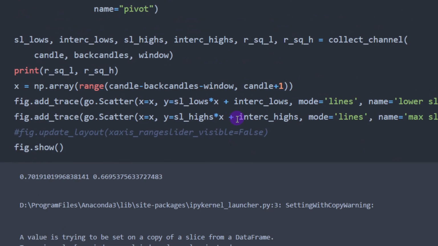The R squared value, which I'm printing right here, for the low segment and then the high segment, you might want to add a condition like we're not considering channels, for example, if we have R squared below 0.85 or 0.9, depending on how restrictive or selective you want to be. However, we should know that the more conditions we add, the fewer signals we have on the market. In order to have the most out of those signals for this video, I'm not going to add this condition. I just left these as indicators here.